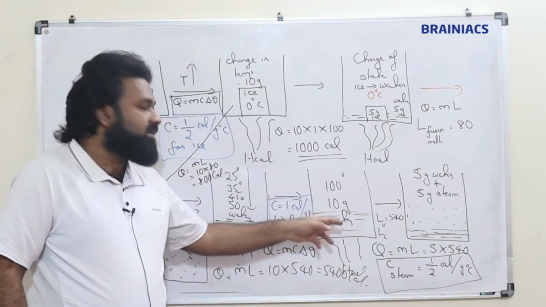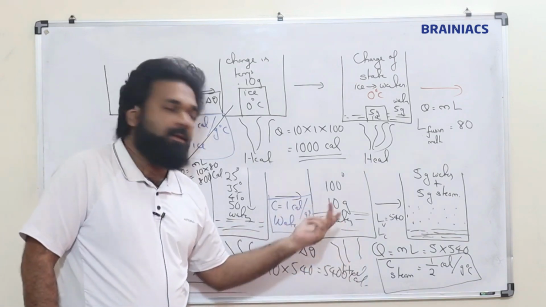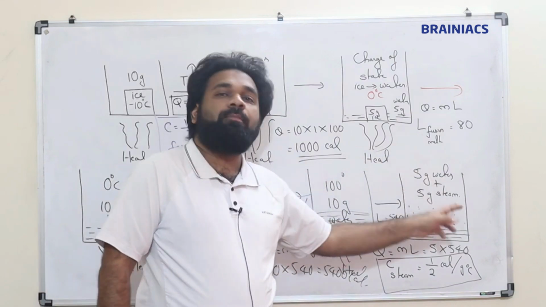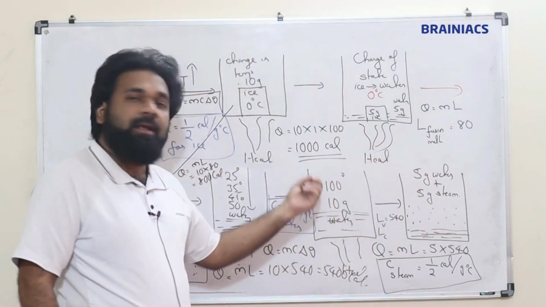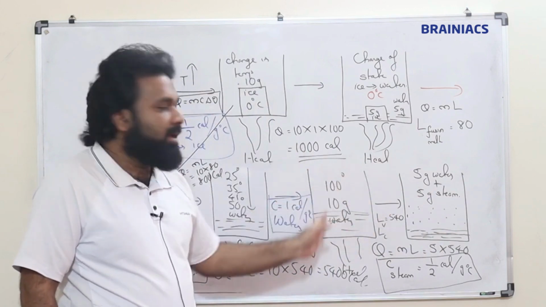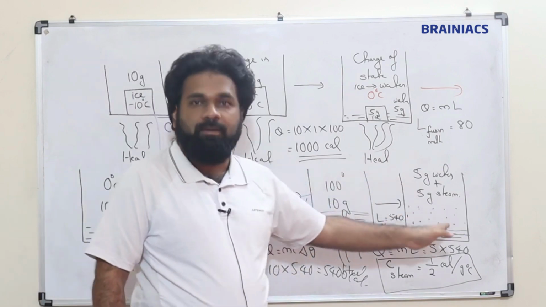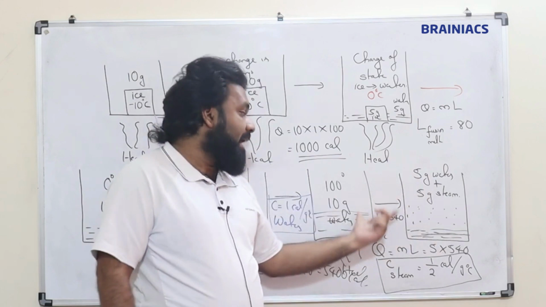Okay, so once it becomes water at 100 degrees Celsius, if we keep applying heat, what will happen? It will convert into steam. So 1 gram of water will become steam, 2 gram of water will become steam. Likewise, complete water will become steam. What is the formula we need to use for state change? mL.